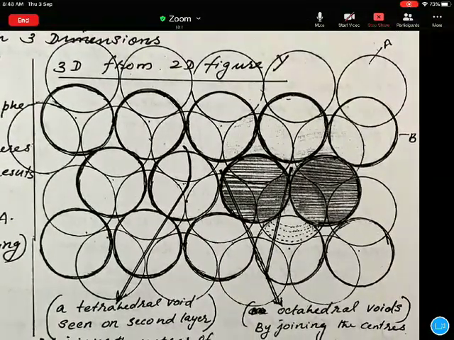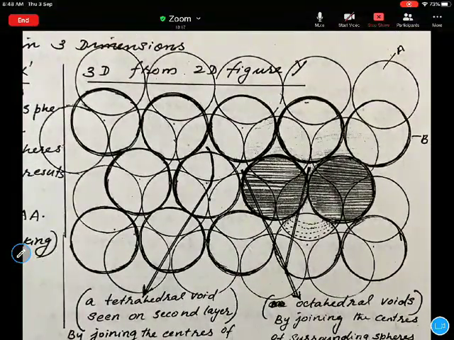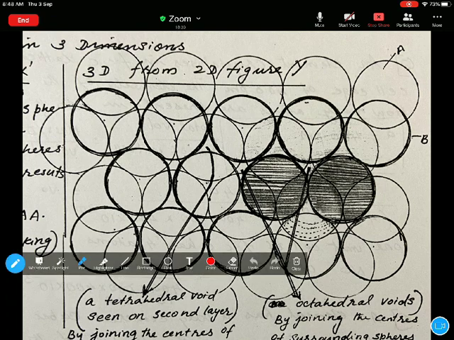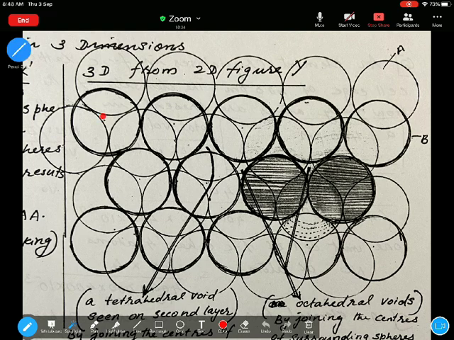You can see this diagram. The second layer balls are marked with bold lines. The balls are kept on the triangular void pointing downwards. This is a triangular void pointing downwards.